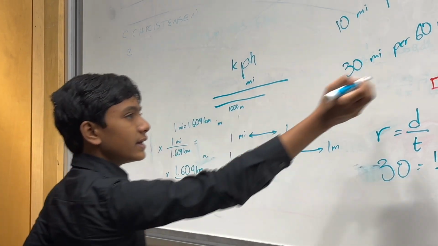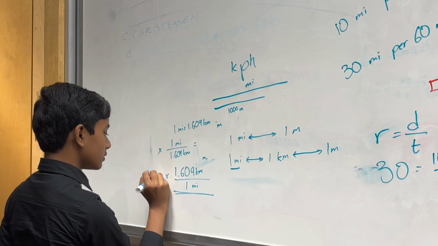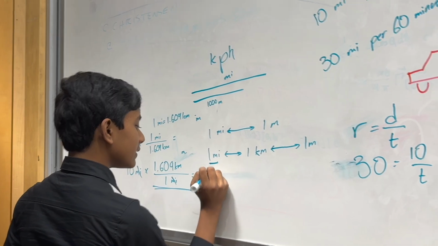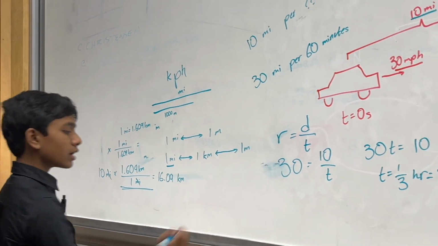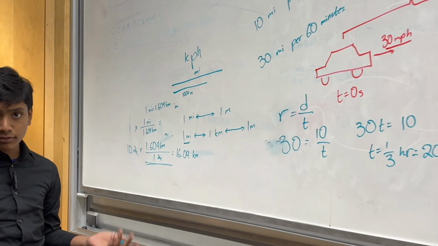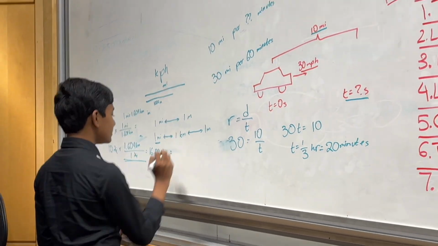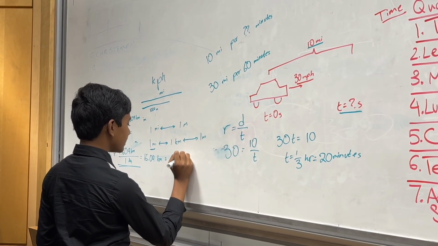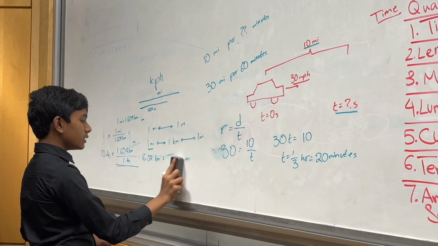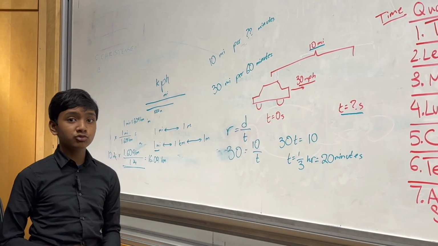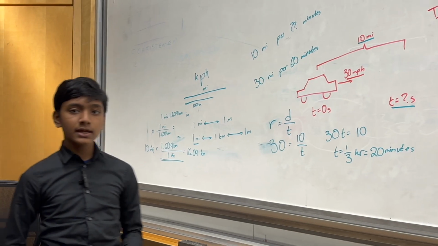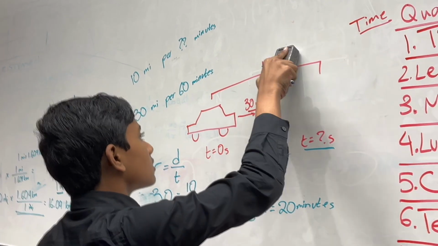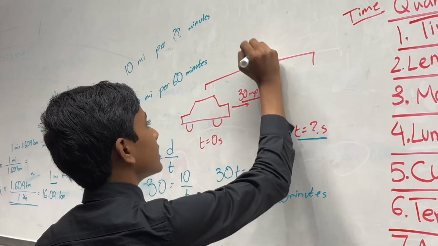So, we have 10 miles, and all we have to do is cancel this out, and we get that the distance traveled is actually 16.09 kilometers. And from there, if we really want to, we can convert this to meters to get 16,090 meters. But usually, just keeping it in kilometers and switching the final answer to meters gives us easier numbers to work with. So, let's keep this as 16.09.